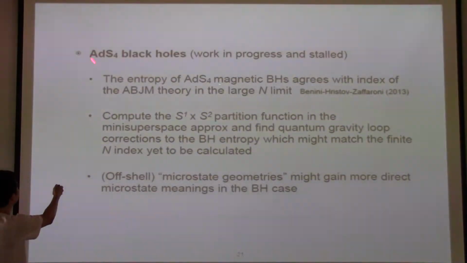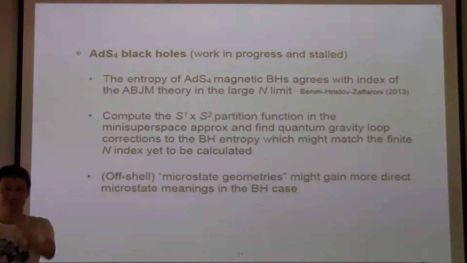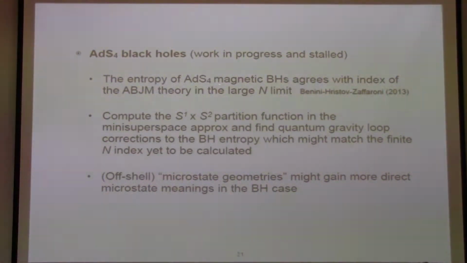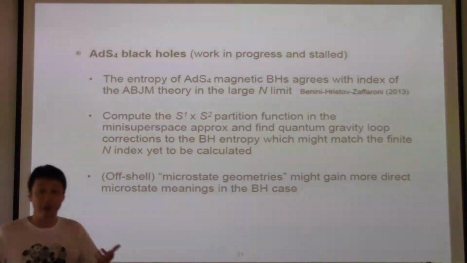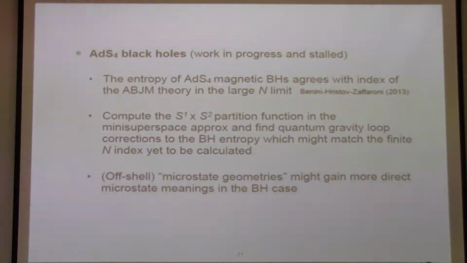But finally, this is the thing I'm most interested in. Actually, it's related to Alberto Zaffaroni's work. So we want to apply this to AdS4 magnetic black holes. In that case, we have to change the boundary condition from the 3-sphere to S2 plus S1. I have got to some point, but I'm a bit stuck.